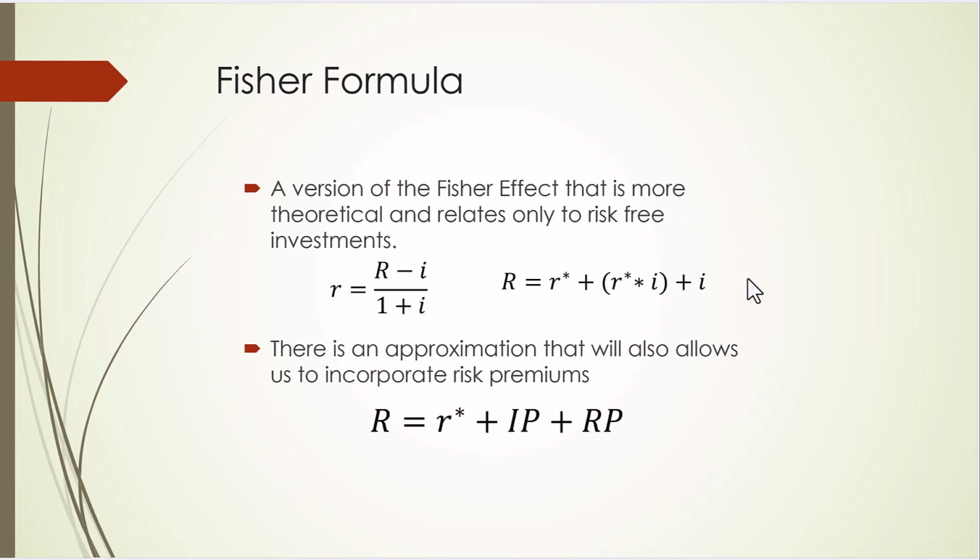Now, this particular formula only applies to risk-free investments. You'll notice it doesn't have any risk premiums here. So there is an approximation method that also lets us incorporate risk premiums. It's the real rate plus the inflation premium plus the risk premiums for the asset.